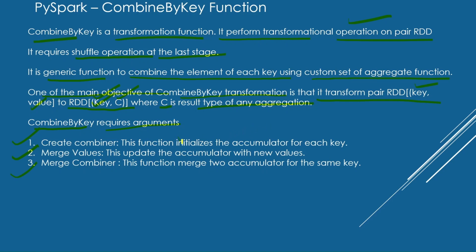So the createCombiner, what it will do, it will initialize a value. Most of the time the value we initialize with 1 or 0 for each key, right? So it will initialize the combiner. When Spark finds another value, it will update the accumulator with the new value.